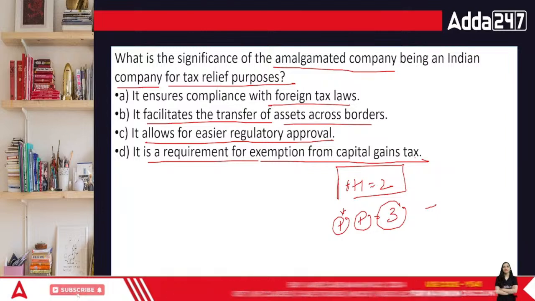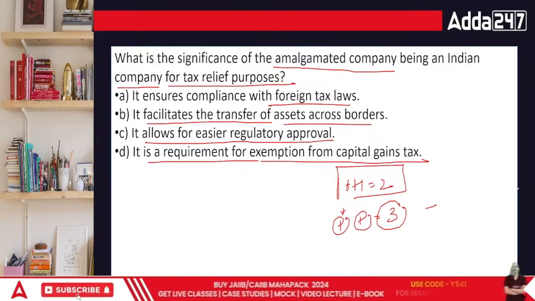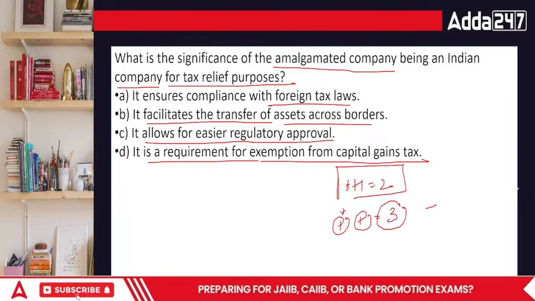Amalgamated company and Indian company. See, in case of amalgamation, when two companies amalgamate, it is covered under Section 47. If one company has shares and it gives shares to another company, then this is a movement of shares. Nobody is getting money and nobody is spending money.